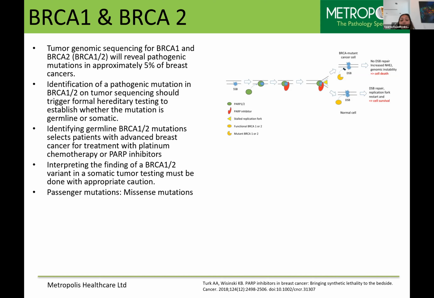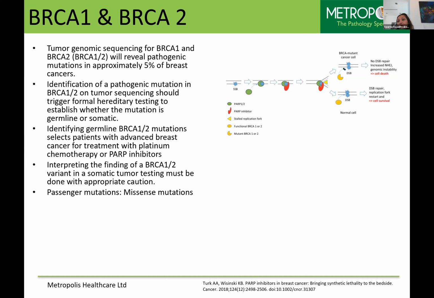What is important with BRCA1 and 2 is that you can have different kinds of mutations. Not all BRCA mutations are pathogenic. In fact, sometimes you have passenger mutations, which are BRCA mutations acquired with time that don't necessarily mean anything. For example, missense mutations, which are basically a change of one amino acid to another, are usually passenger mutations and are not pathogenic, not driver mutations of the disease.